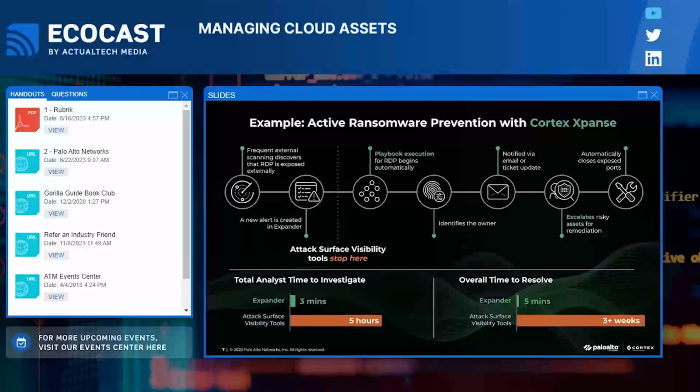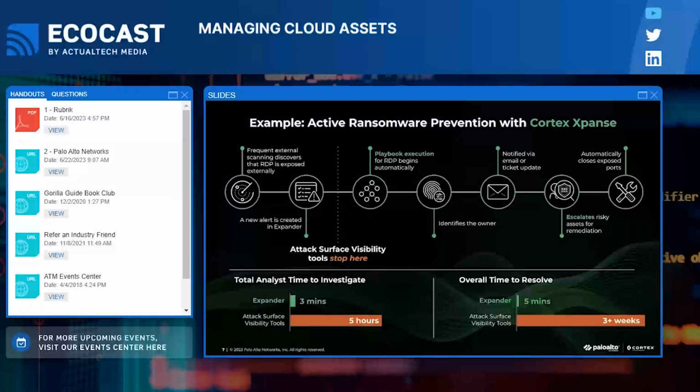And as many of you, I'm sure, know, RDP is the principal way in which ransomware has been propagating. And last year, we observed that over half of successful ransomware attacks first started with exposed remote desktop protocol over the internet. So this is one of the highest priority items that any customer can be addressing.